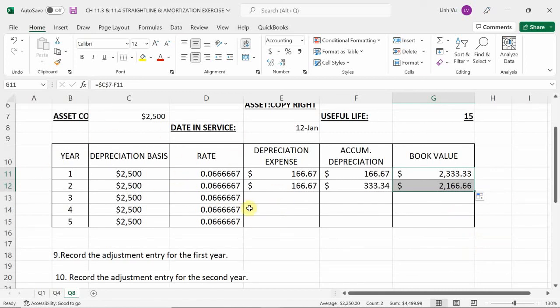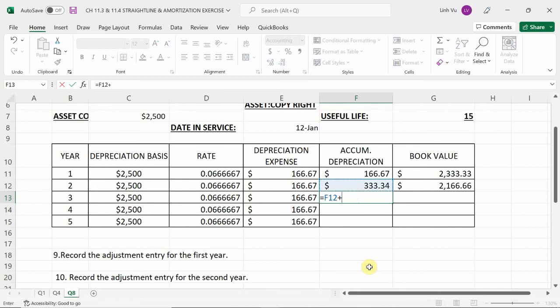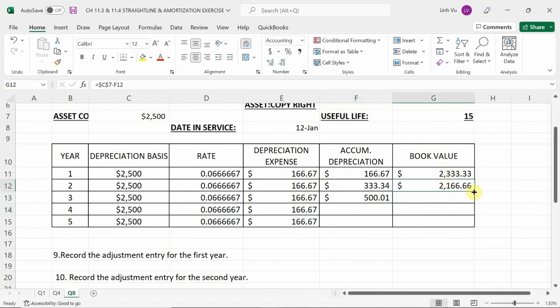So what's my depreciation expense going to be for year 3? 166.67. Yep, it'd be the same for all 5 years. So in this case, what's my accumulated going to be? $501. So therefore, what's my book value going to be?